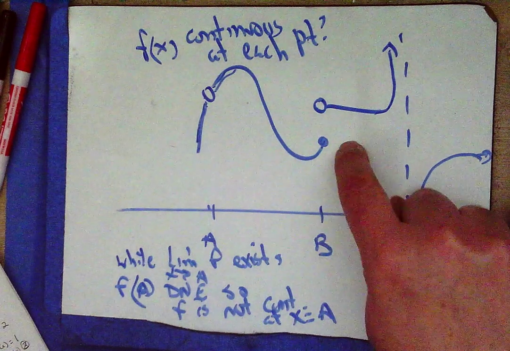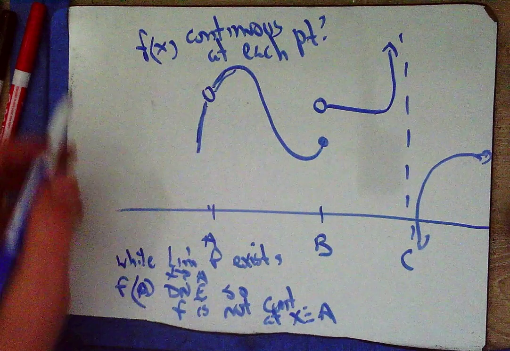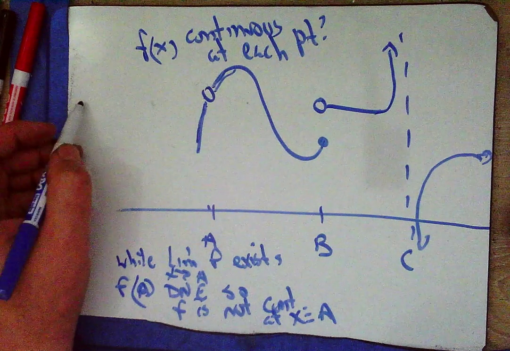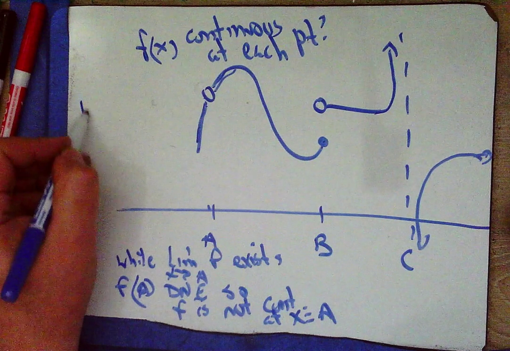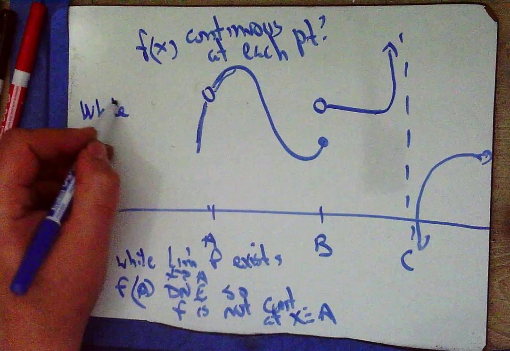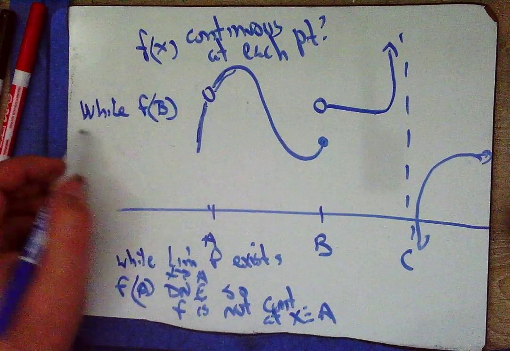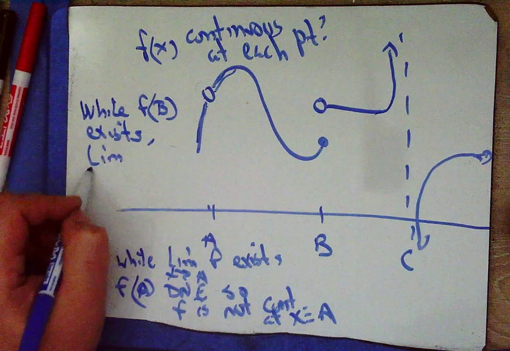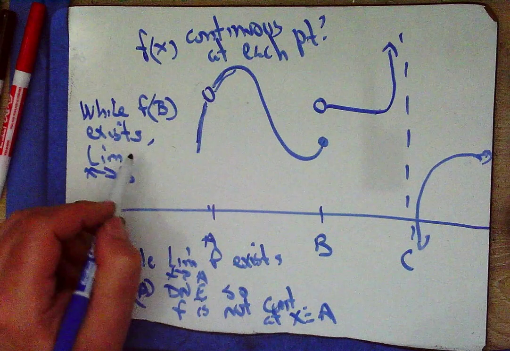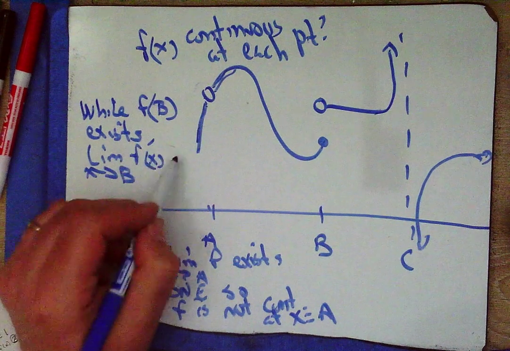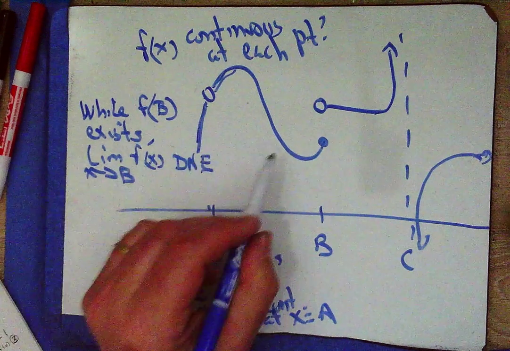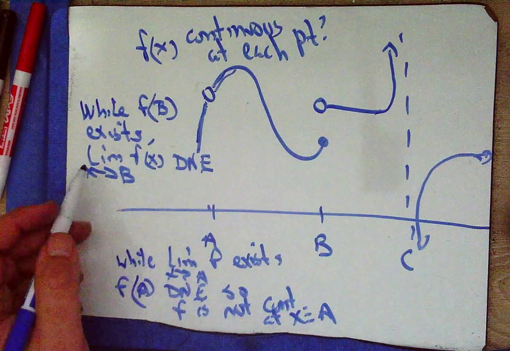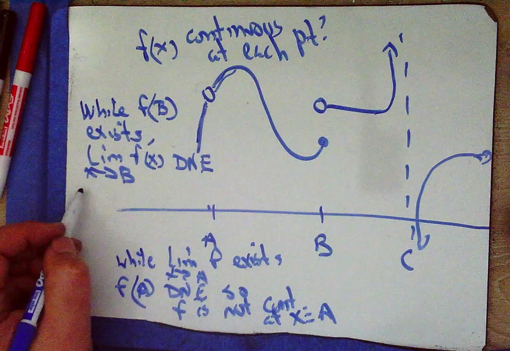What about at x equals b? Well, I say no, I'm not continuous. I will say that while f of b exists, the limit as x approaches b of f of x does not exist, right? The limit from one side is not the same as the limit from the other, so that limit at that point can't exist.